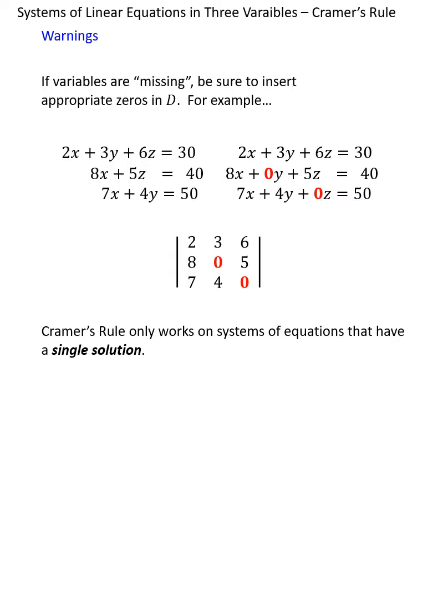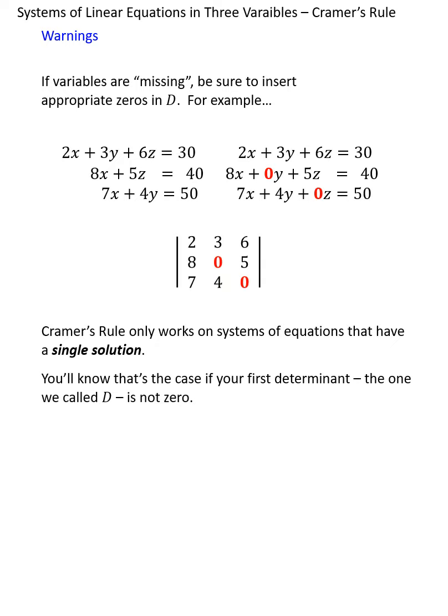And finally, Cramer's rule only applies for systems of equations that have a single solution. Well, how are we to know then whether we can use it? After all, when we're given a system of equations, they don't tell us whether it has a single solution or no solution or infinitely many solutions.